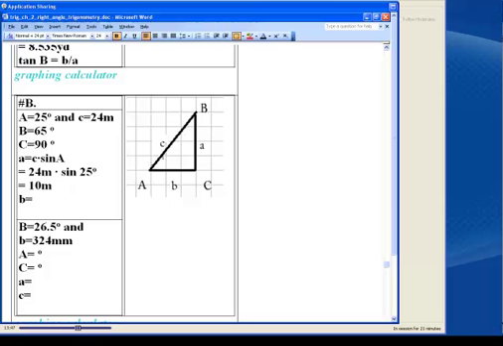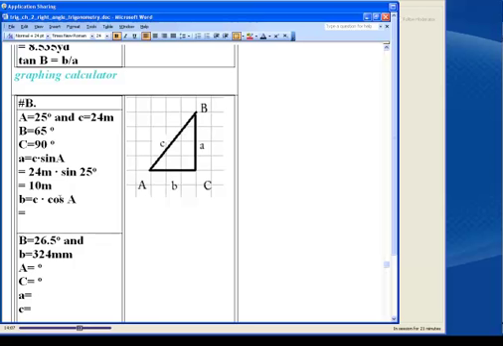B, if I use the angle A here, that would be the adjacent, so this is going to be the same as C times cosine A, which is going to be the same as 24 meters times cosine of 25 degrees, which is going to come out to 21.75 or 22 meters rounded.